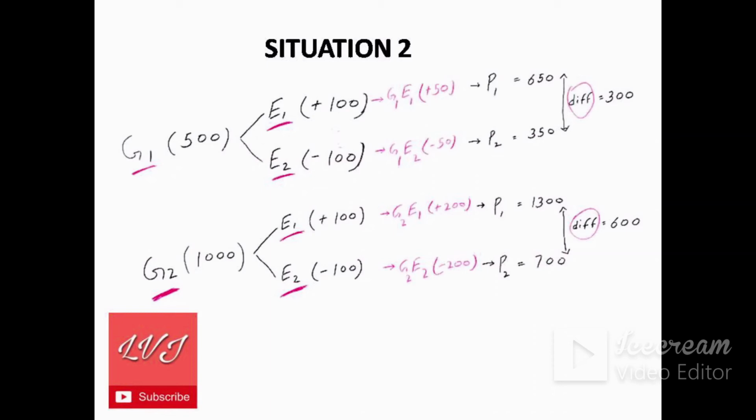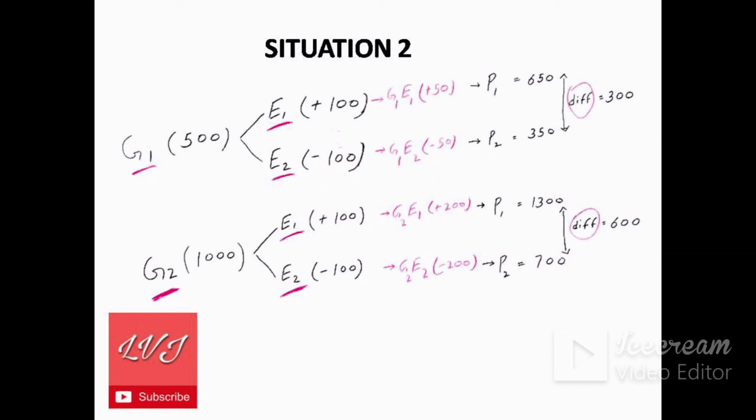Now we can observe that these two differences, in genotype 1 and genotype 2, are significantly different. In the first condition, in genotype 1, the difference is 300 kg. In the second condition, in genotype 2, the difference between environment 1 and environment 2 is 600 kg.